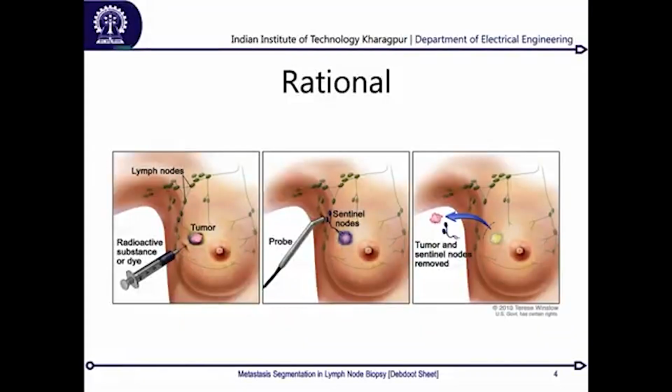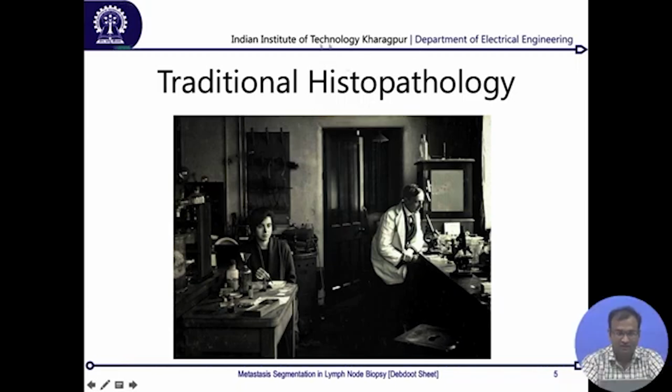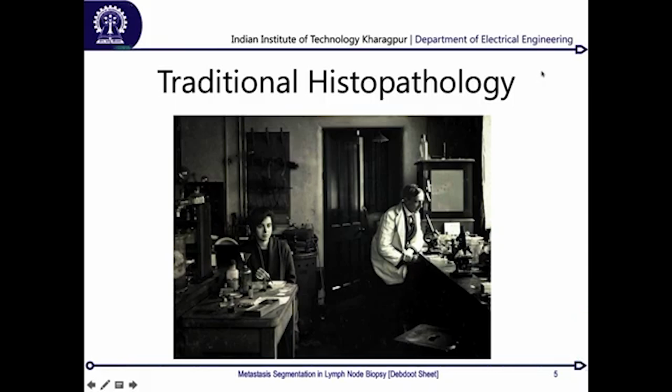Now the traditional practice is what is called histopathology. Histo is basically tissue, and pathology is understanding the disease pathway, so it's disease pathway analysis and understanding within tissues itself.